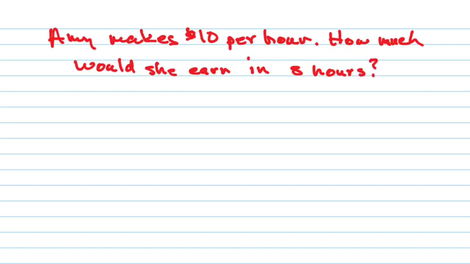Now, you need to write it out as a rate. So, first of all, this part is her rate of pay. It gives the amount that she makes and how many units she does it, right? So how would that look as a rate, as a ratio?